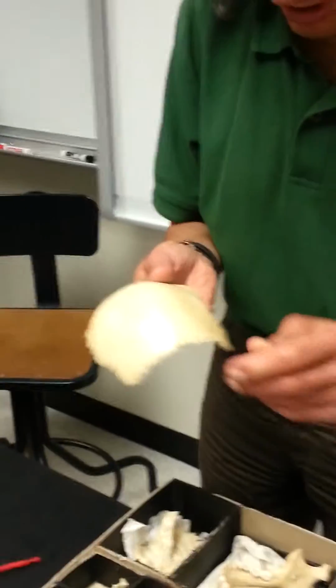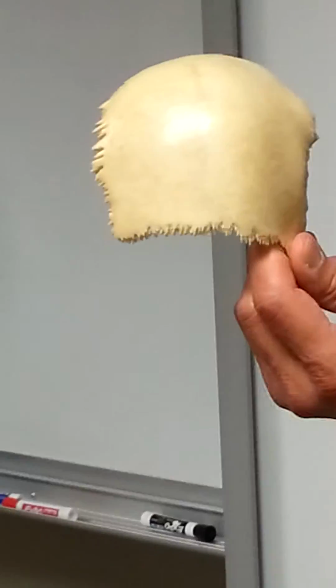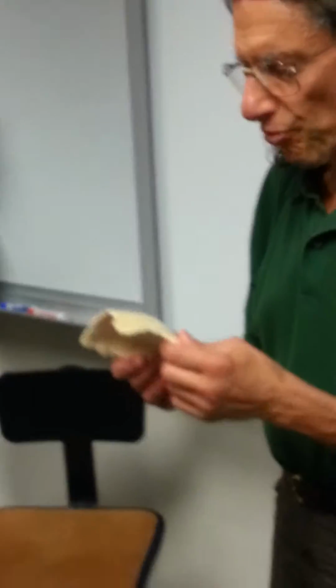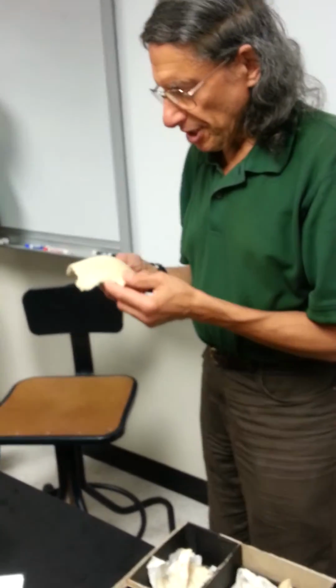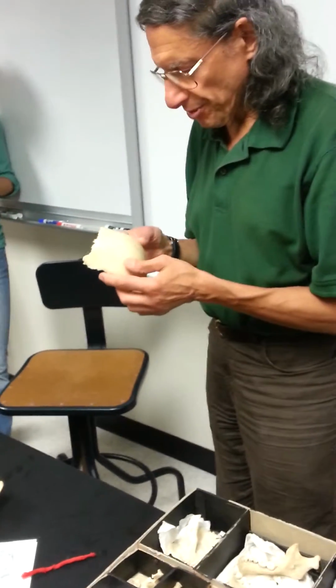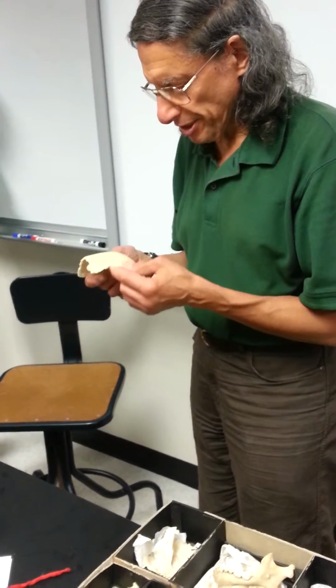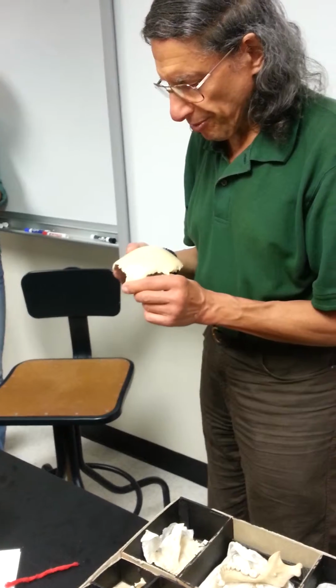Okay, so what would you say that this is? The parietal bone. It's a parietal bone. It is possible to tell one from another, but I'm not going to require it to tell left from right. This happens to be a left parietal bone.